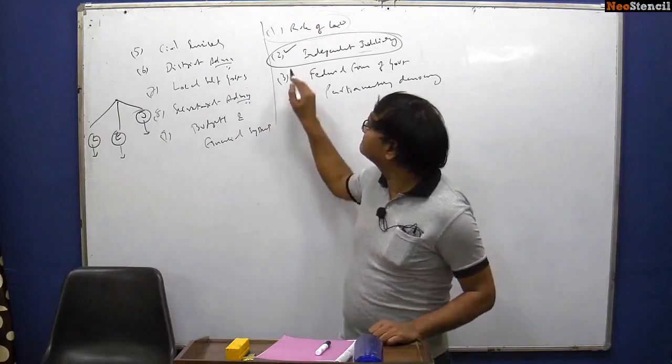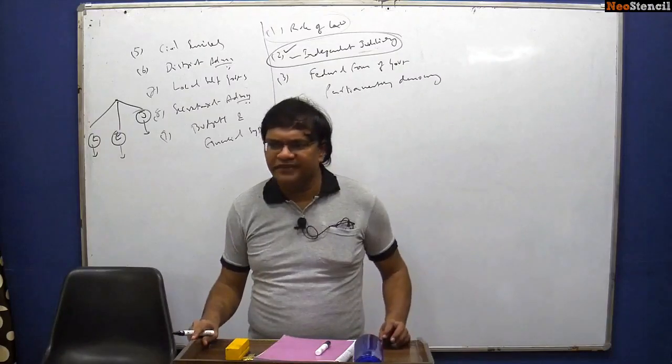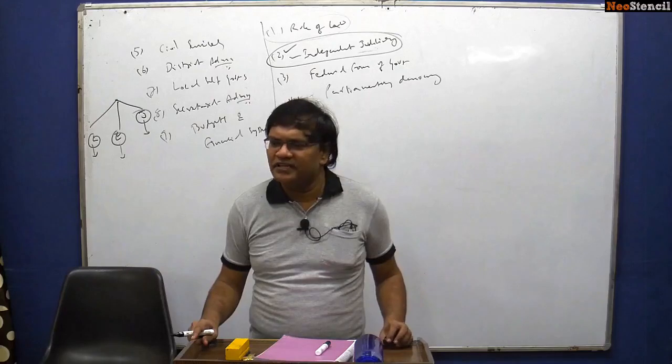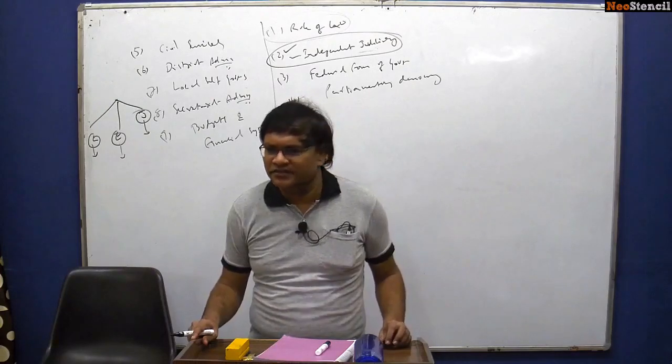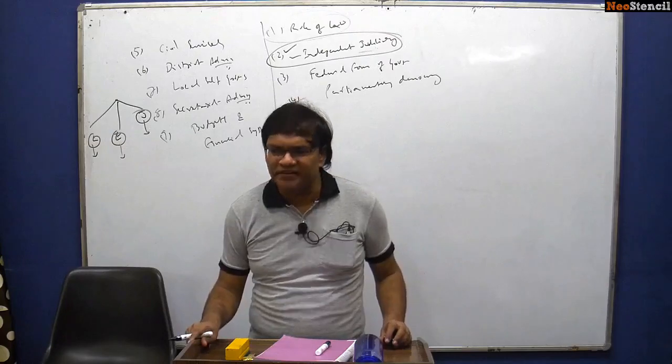So coming back here, if you look at the British rule in India, what do we say? We say that the judiciary during the British times was neither independent nor impartial.